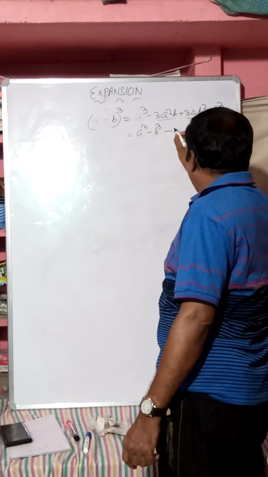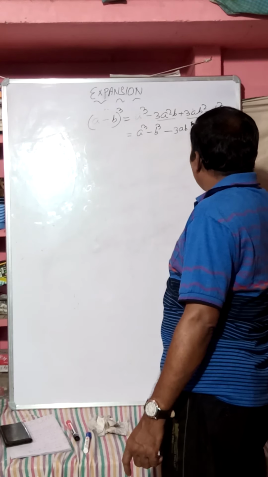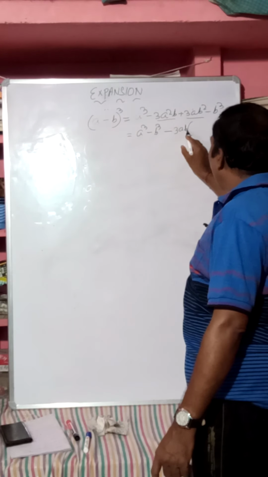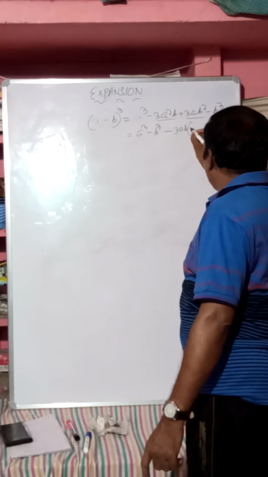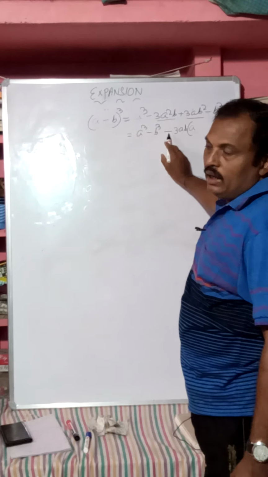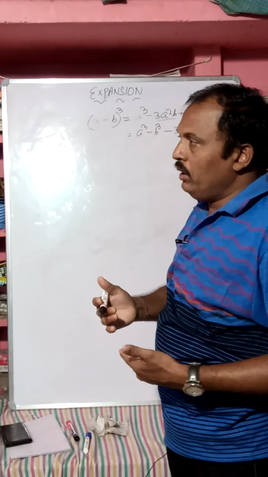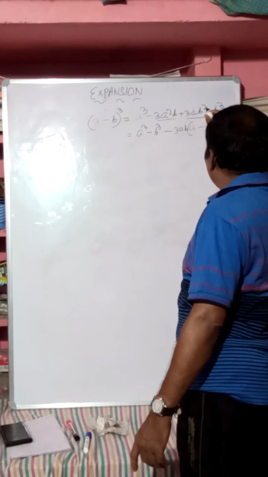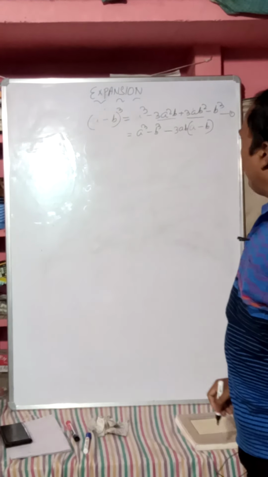Minimum factor 3 on both sides, 1 time a on both sides, b on both sides. So 3ab is common. 3a square b upon 3ab: 3 cancels, a cancels, b cancels, leaving a. Here minus is taken as common, so within the bracket all signs will be changed. So plus changes into minus, and b square upon 3ab is b. So it is another formula.